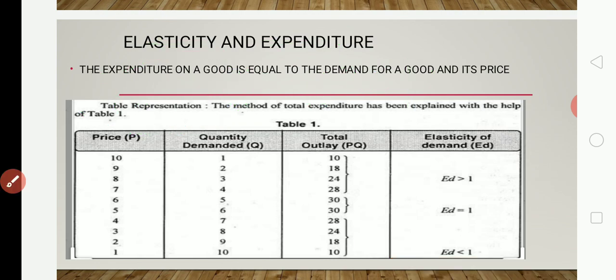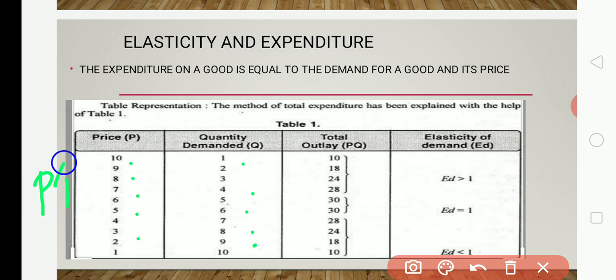Here is the example given in a table. The method of total expenditure has been explained with the help of a table. The price is given like 10, 9, 8, 7, down to 1, and quantity demanded 1, 2, 3, up to 10 is given. In this table, what you have to observe is that when the price is more, demand is less.